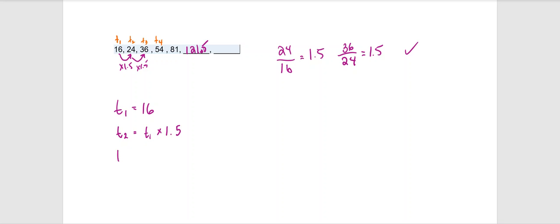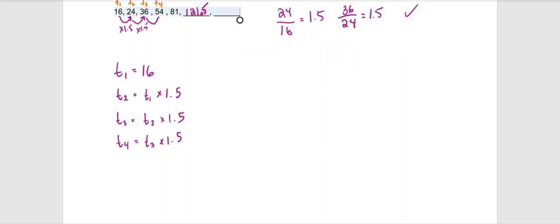Right. Same if we wanted to find T3. For T3, we would take T2 and multiply it by 1.5 to get the next term. Same with T4. For T4, we would take T3, so our third term, and multiply it by 1.5 to get the next term.